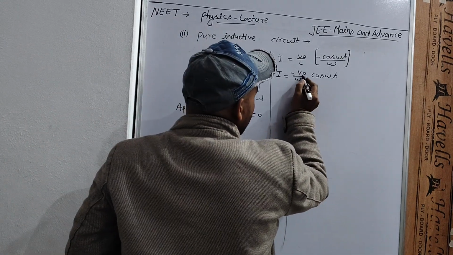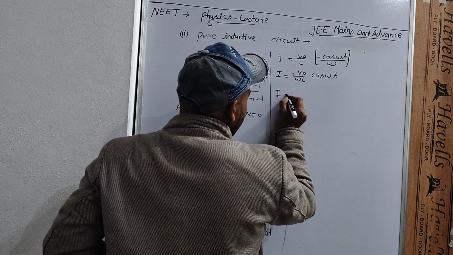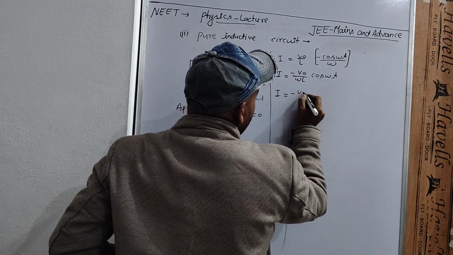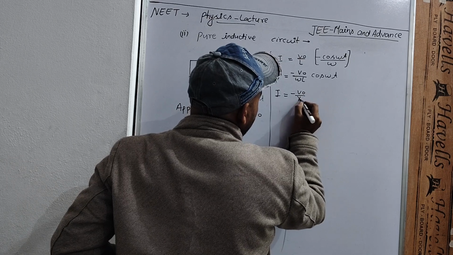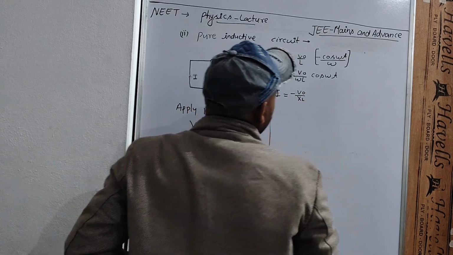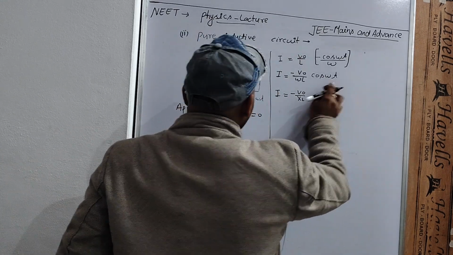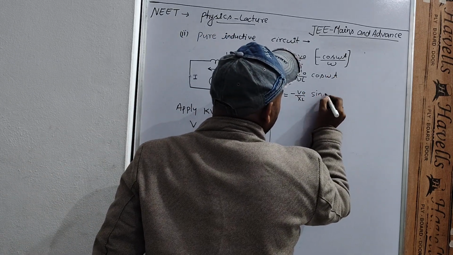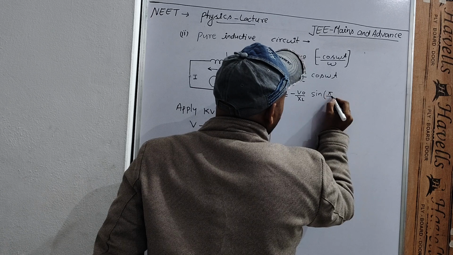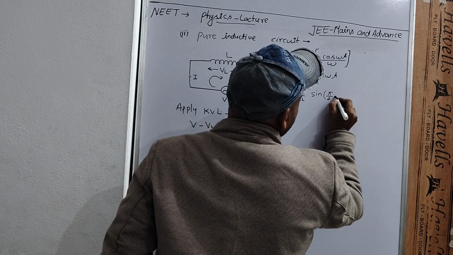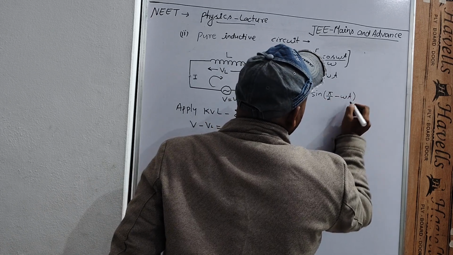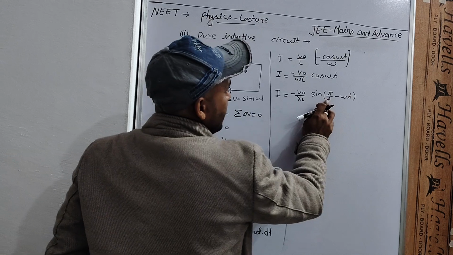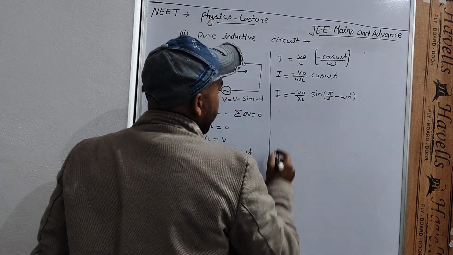And this omega L can be represented as XL, so V naught over XL. And we convert the cos function into sine function, then we know that it can be converted like that, sine pi by 2 minus omega t, meaning sine 90 minus omega t.